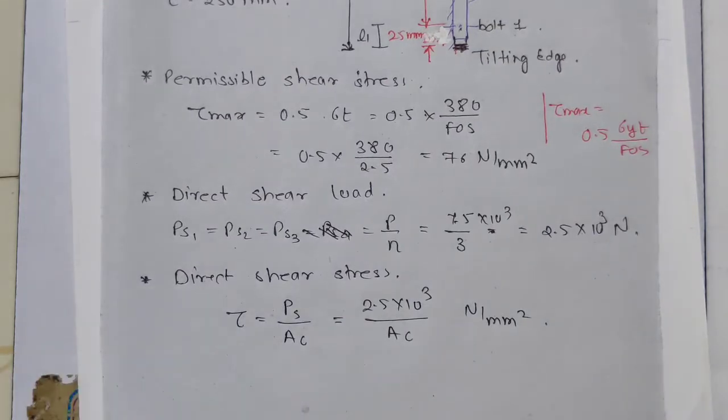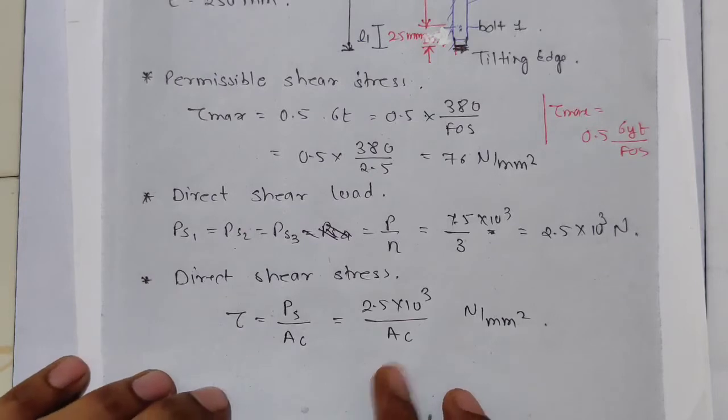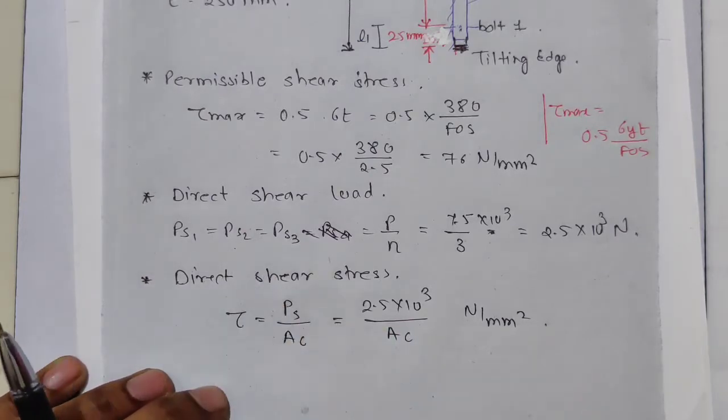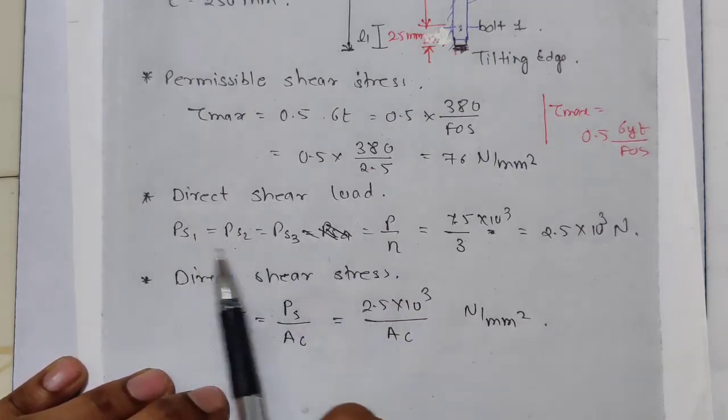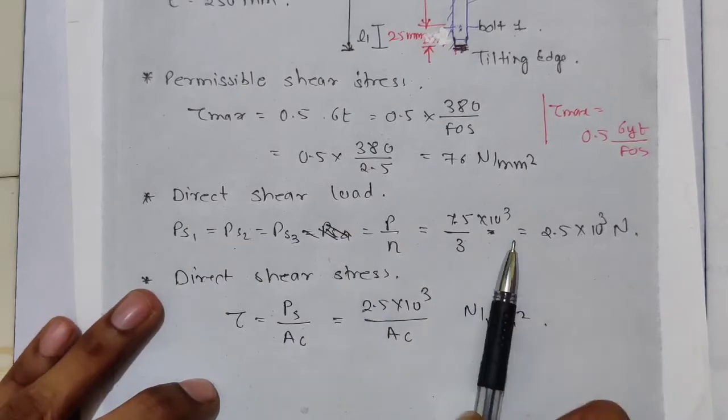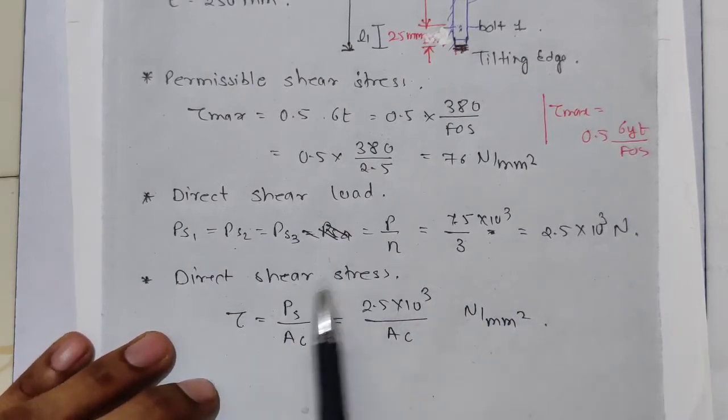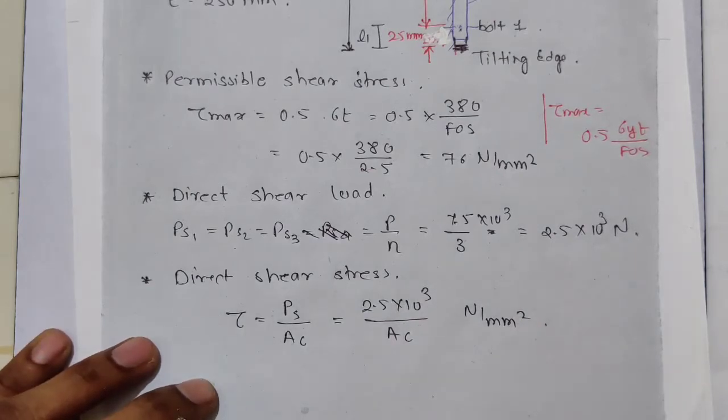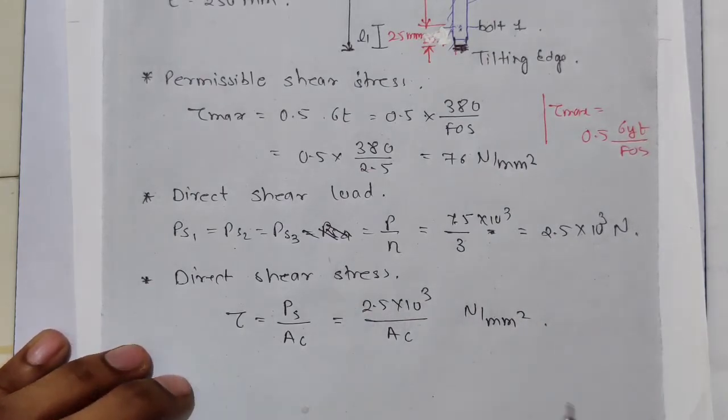Up to this much it is the same as what we have done in the last questions or last video. The direct shear stress is the new part. We are having two different stresses, shear stress and tensile stress. One stress we calculated. Why we calculated, you will come to know soon.